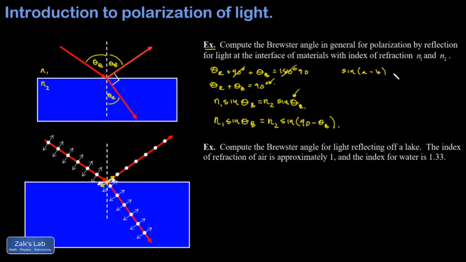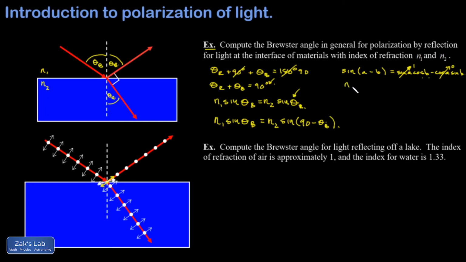The sine of a difference of two angles is sine of the first, cosine of the second, minus cosine of the first, sine of the second. And our first angle here is 90 degrees. That's A in the expression. So the sine of A is going to be 1, sine of 90, and the cosine of A is going to be 0. So that whole second term dies. And I'm left with just the cosine of B, so the cosine of the Brewster angle.